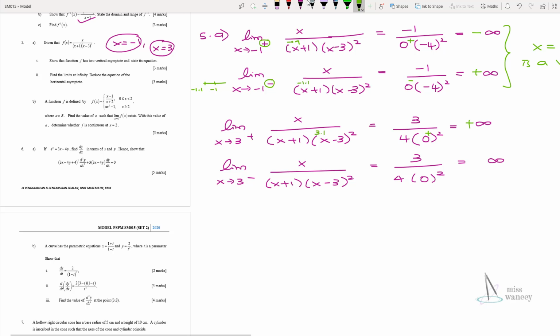For 3 from the left hand side, I might try substituting 2.9. 2.9 minus 3 is a negative number, so 0 with a negative, but if I square it, the negative number becomes positive. So positive, positive, positive, which means everything gives positive infinity. This simply says that x equals 3 is a vertical asymptote.